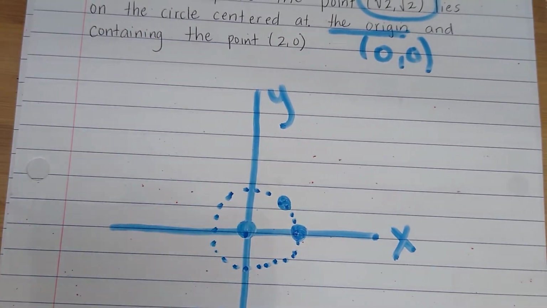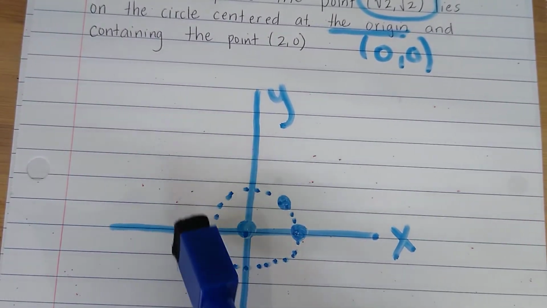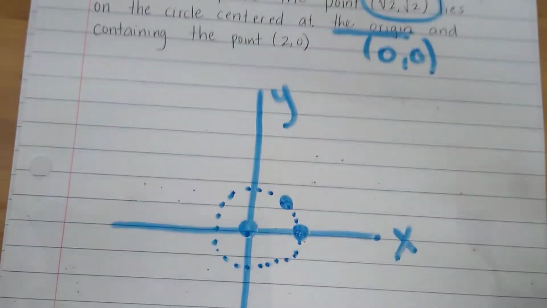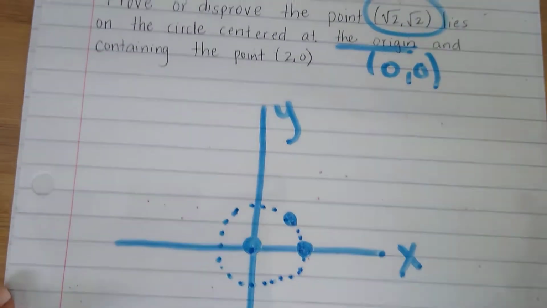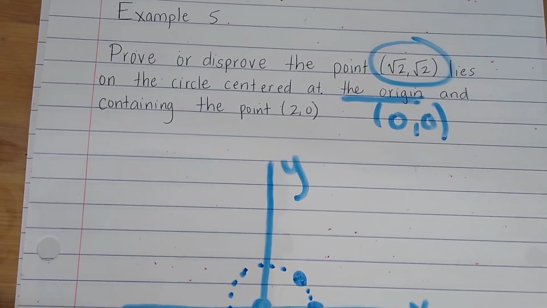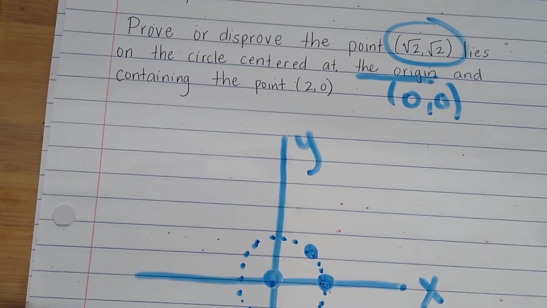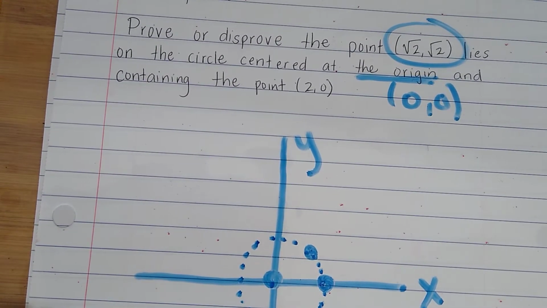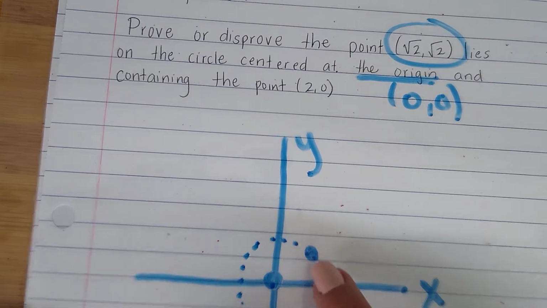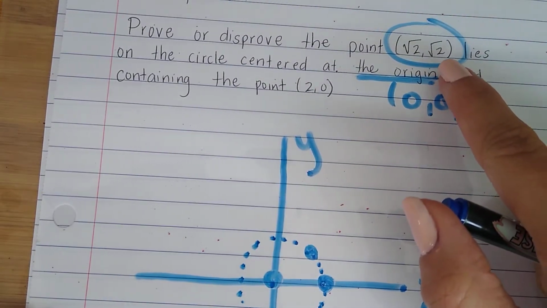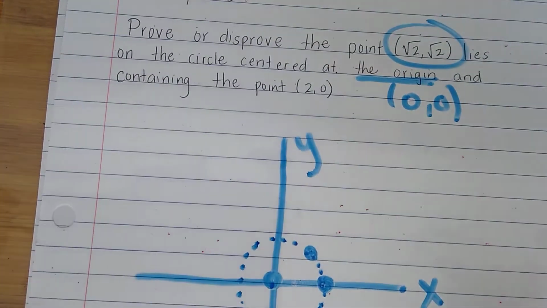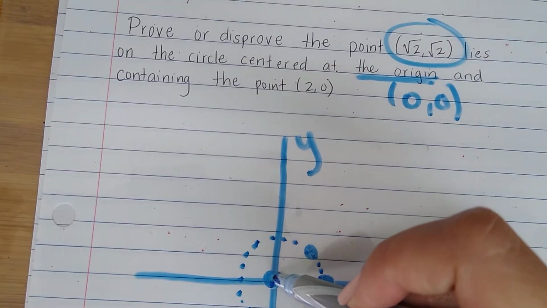Now, in order for us to figure out exactly how to draw or sketch our graph, we would need to know the center and the radius. So before we do that, we need to find the radius.